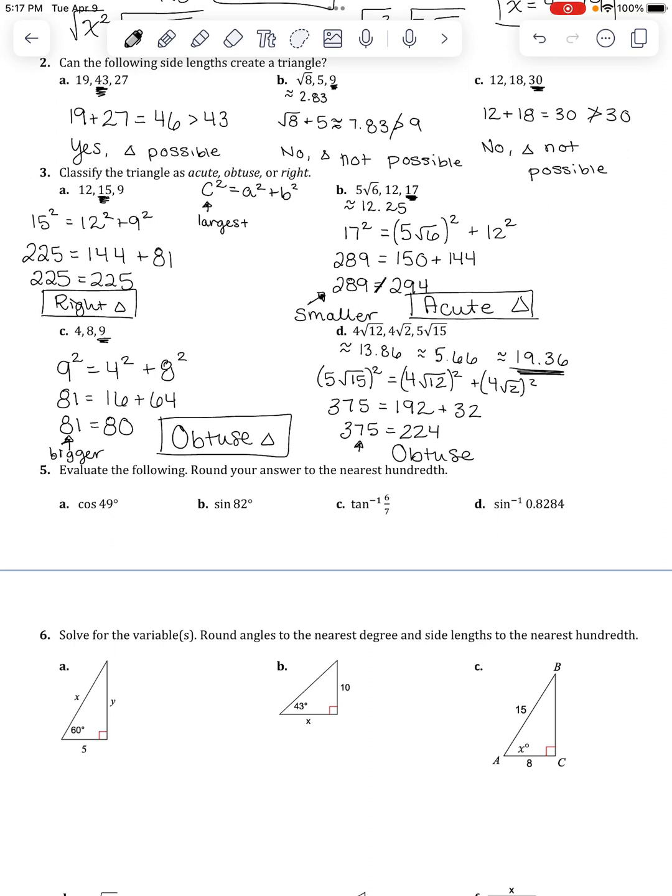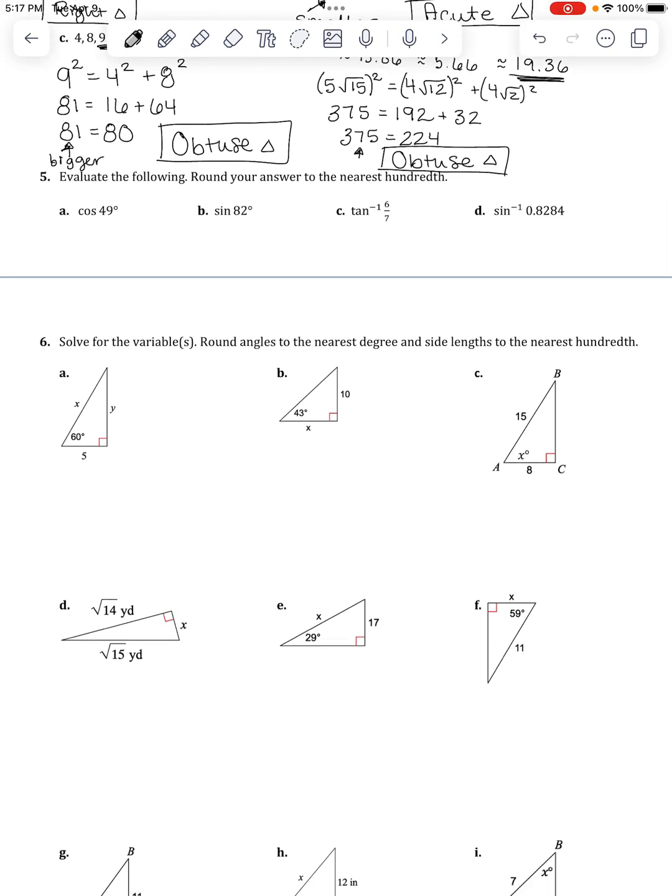This one is definitely bigger, therefore it is obtuse. It's always if that C squared is bigger, smaller, or equal.